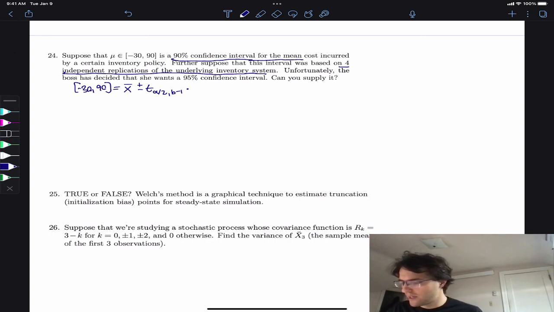Yeah, so basically this confidence interval has x bar plus or minus t of alpha over 2, b minus 1, times some other stuff that we don't necessarily need to care about that much. It's stuff like, I think, the variance and other things.